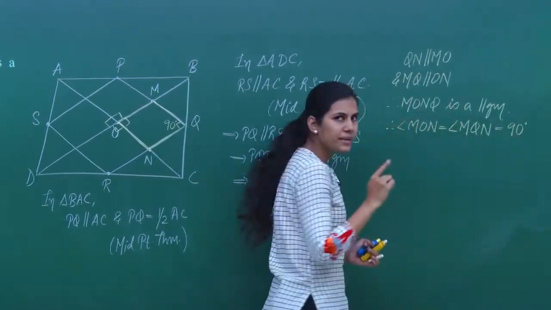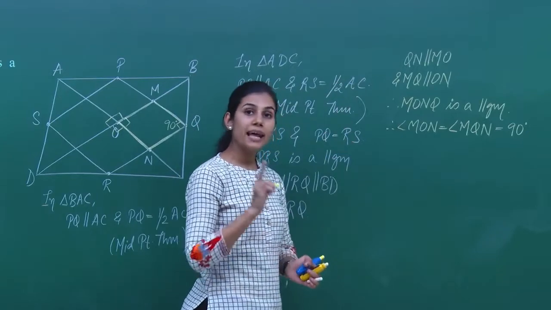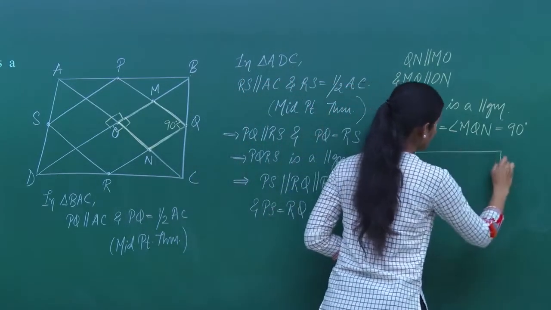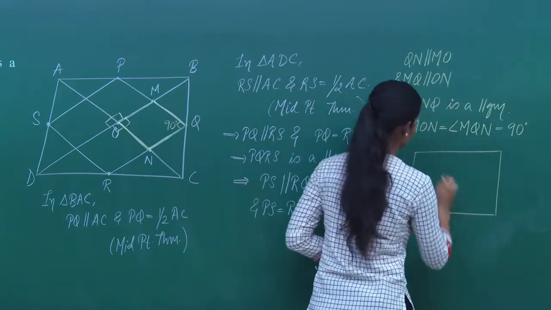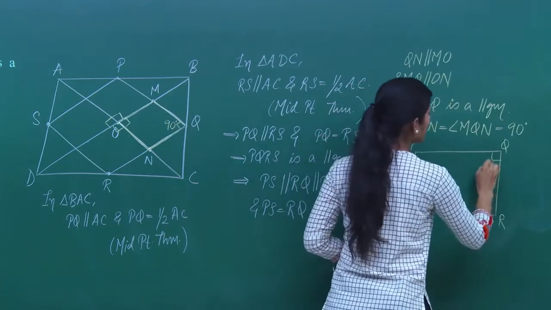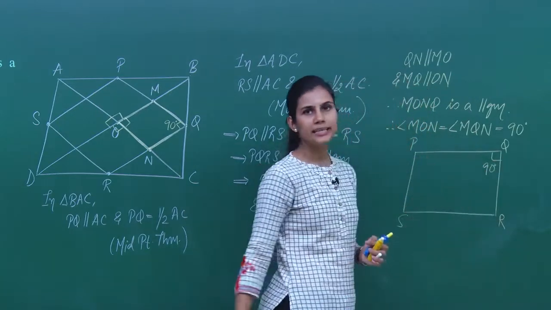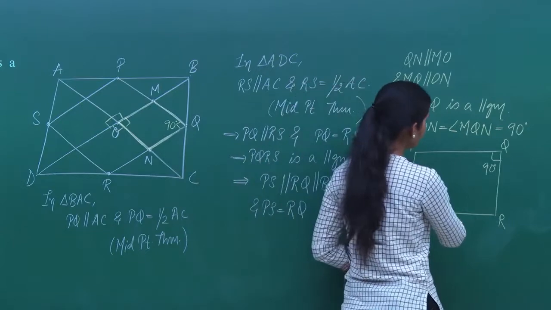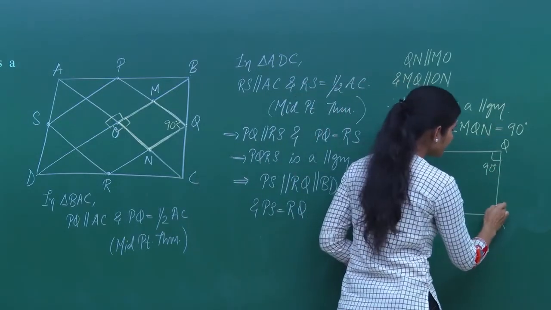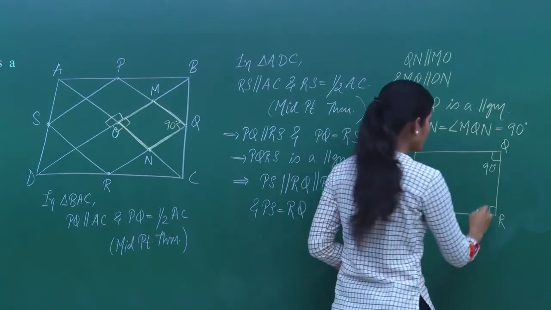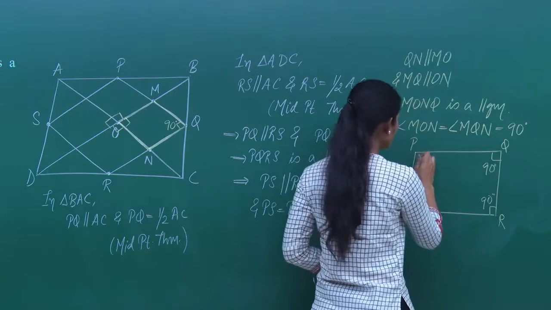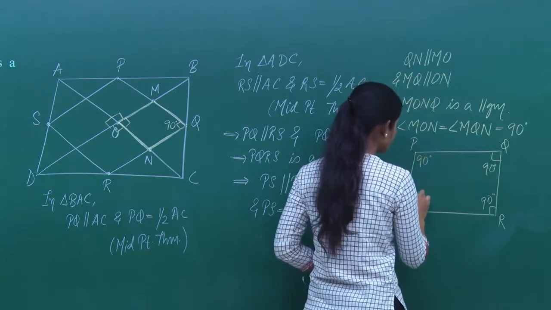And so I have PQRS is a parallelogram with one angle 90 degrees, and if you have a parallelogram with one angle 90 degrees, then each angle will be 90 degrees because this is parallel to this and QR is a transversal. So angle Q plus angle at R will be 180. So angle at R will be 90. Because it is a parallelogram, opposite angles will be equal, so even this will be 90 and this will be 90.